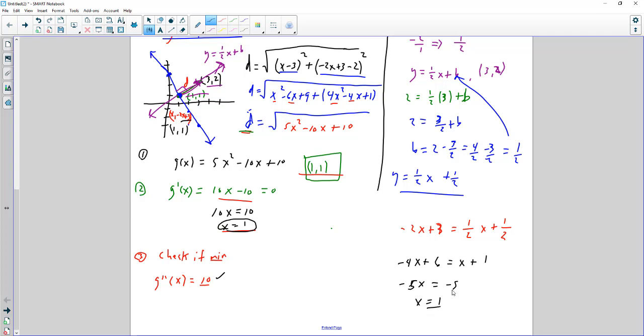And then all I have to do is plug this 1 into either equation. If I were to plug this 1 back in here, I would get 1 times 1/2, which is 1/2, plus another 1/2. So the y value would be 1 as well. So what I would get is 1, 1 for my intersection, which is the same thing as the answer to the question. And as you can see, which I already knew, these answers are the same.